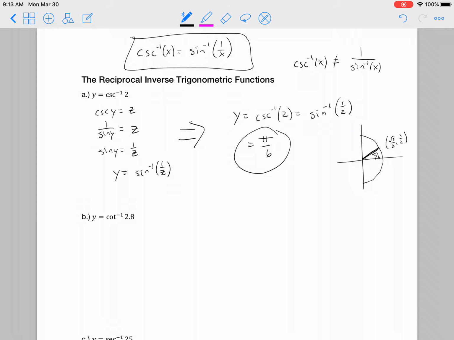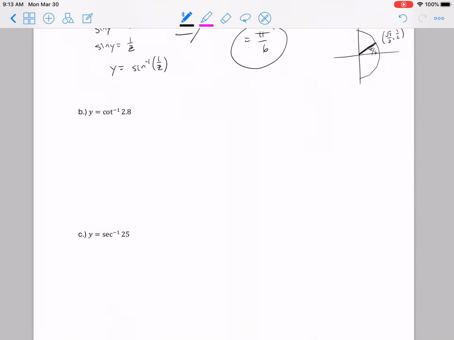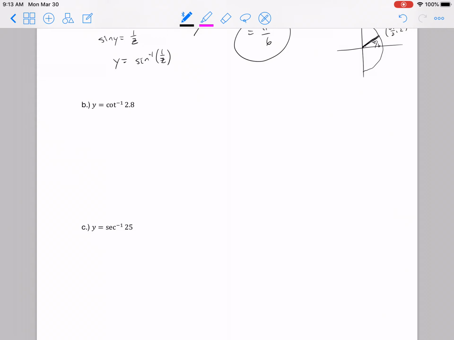So now let's take a look at arc cotangent. Here we have the arc cotangent of 2.8. And so if we take a look at that, we're going to have cotangent of y is equal to 2.8. And then we're going to have 1 over tangent of y equals 2.8, which means tangent of y equals 1 over 2.8, which means y is the arctangent of 1 over 2.8.